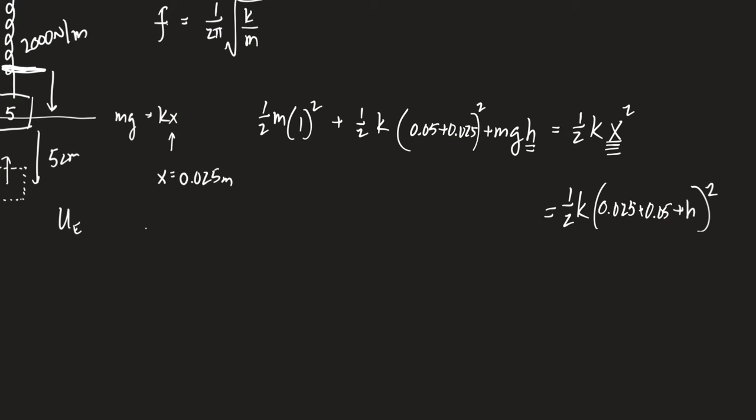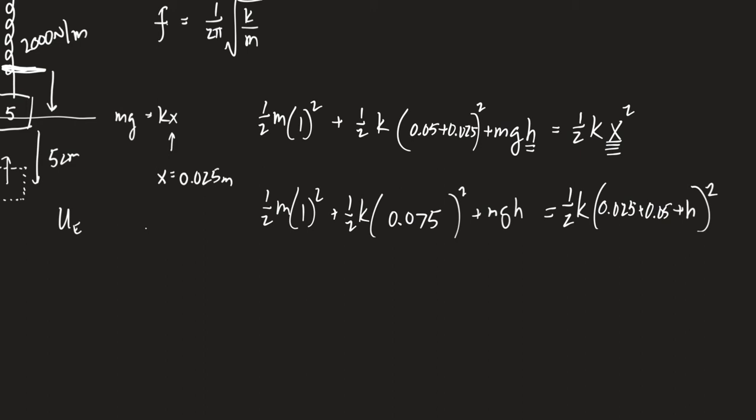And of course I have all of this: 1/2 m times 1 squared plus 1/2 k times whatever all that is plus mgh. So this is just 0.075 there. Now, I know this looks messy, and it is. And it looks like there's going to be 2 answers for h. And there is. One of them will make sense. One of them won't. But we need whatever that answer is for h.